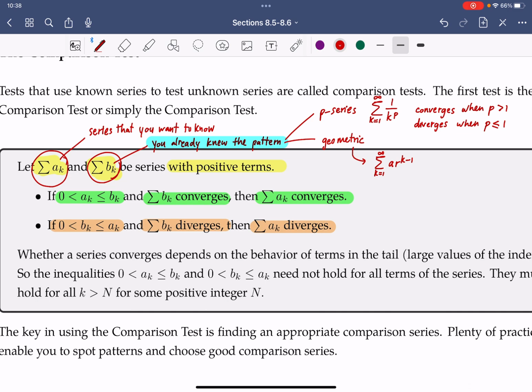This is convergent when the absolute value of R is less than 1. If the common ratio is less than 1, it is convergent, and divergent when the absolute value of R is bigger than or equal to 1. So these are the two series that you're going to use a lot to compare with the thing you want to know.